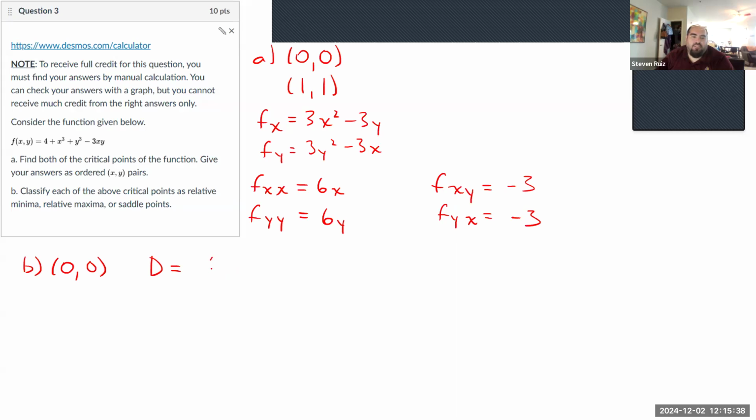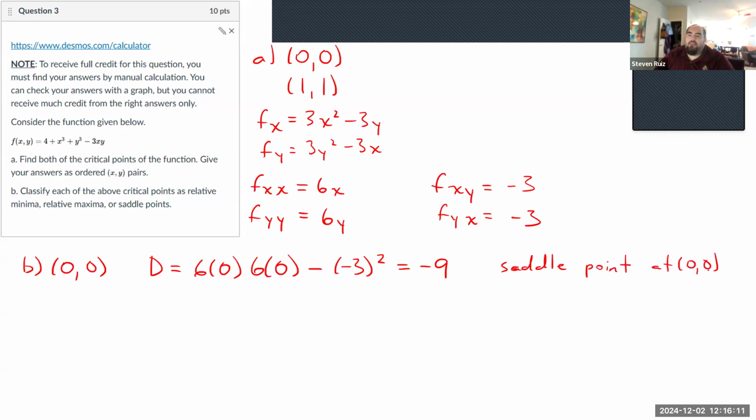So fxx, so 6 times 0, because now we're plugging in the values of x, times fyy, so 6 times 0 again, minus -3 squared. So what does that come out to be? That comes out to be -9. So when D is negative, what does that tell you? That tells you we have a saddle point at (0, 0). So that's one thing we know.